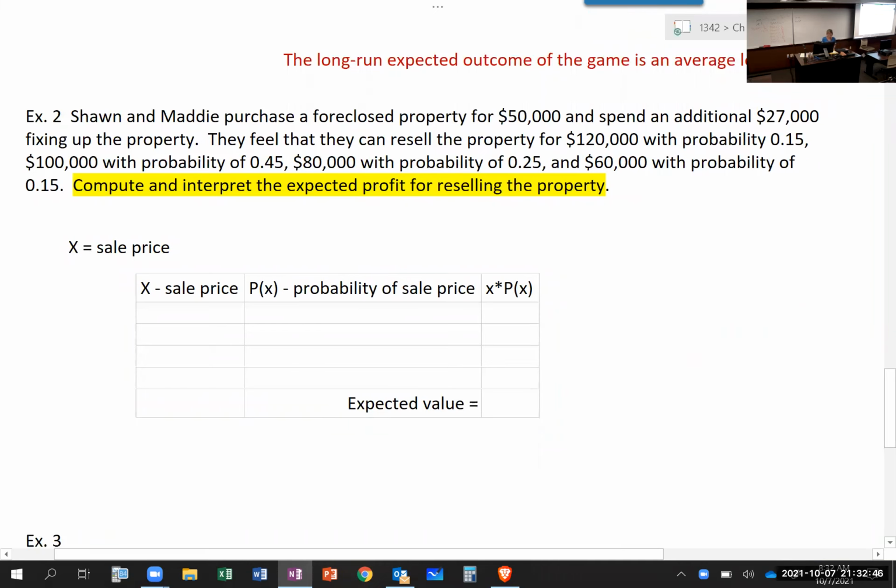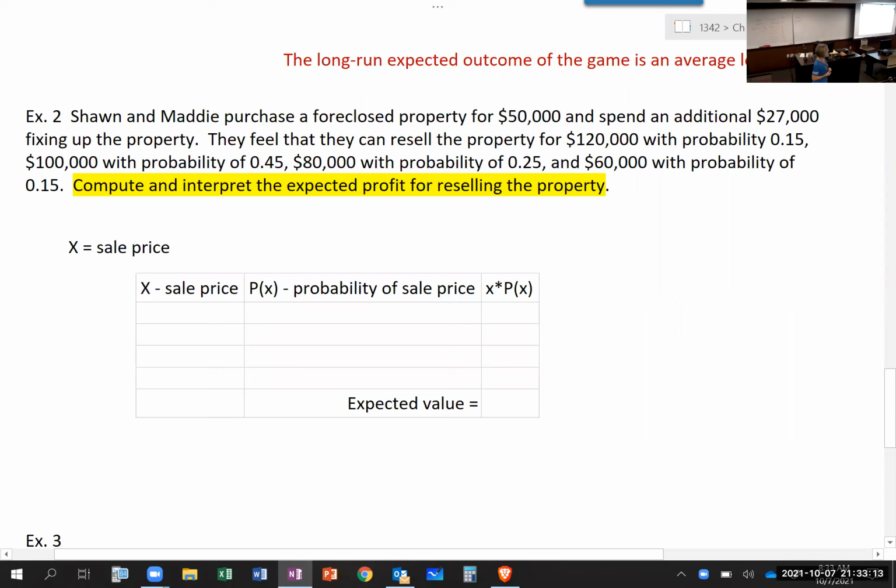All right. So Sean and Maddie purchase a foreclosed property for $50,000 and spend an additional $27,000 fixing it up. They feel that they can resell it for $120,000 at a probability of 15%, 0.15. Okay, they could sell it for $100,000 with a probability of 0.45.